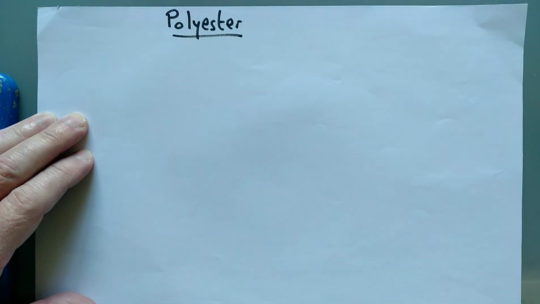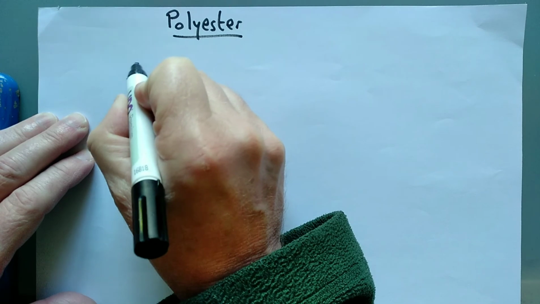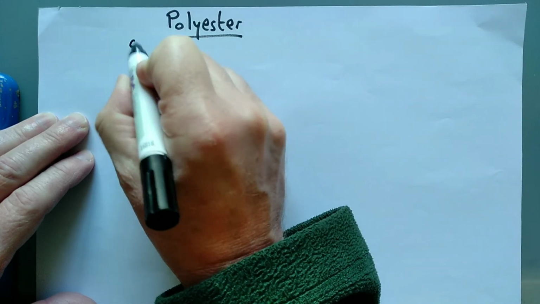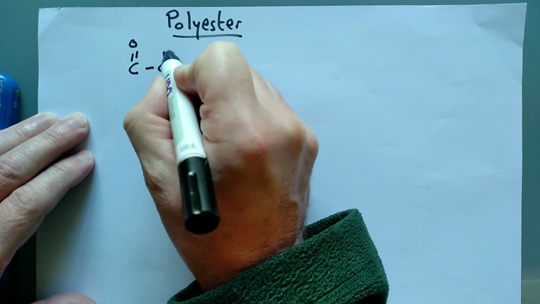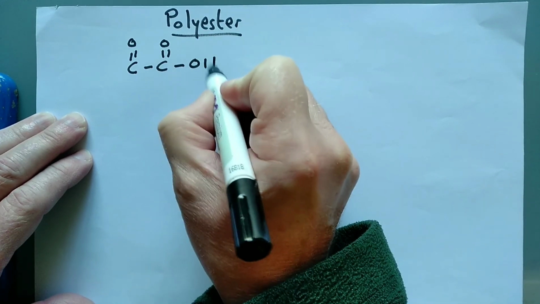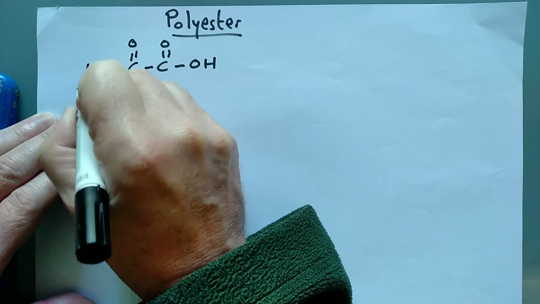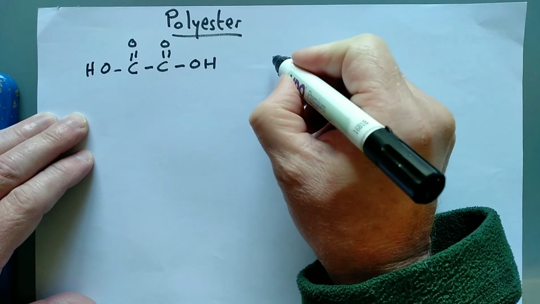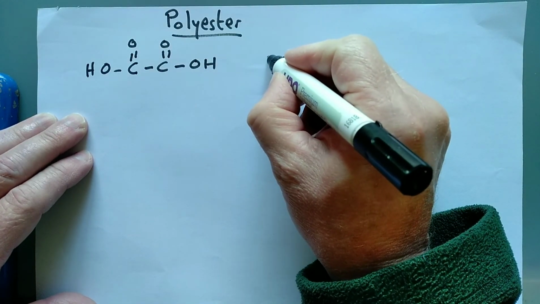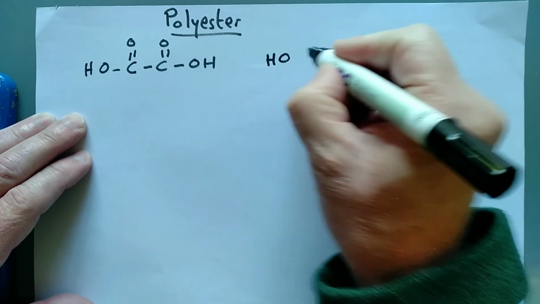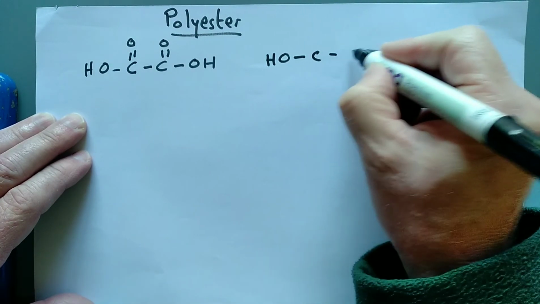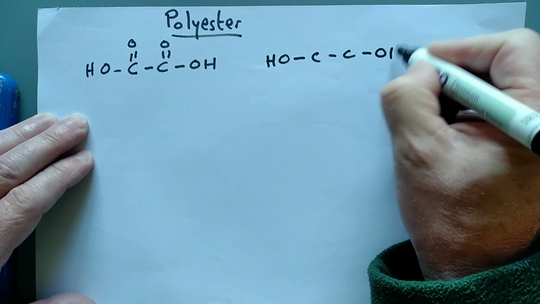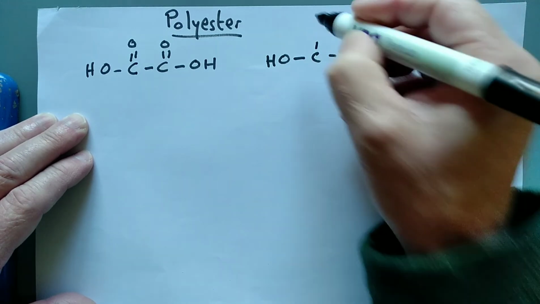Now, a polyester, you still have your dicarboxylic acid, and I'll keep it simple again. But this time, instead of reacting with an amine, it reacts with a diol, something with 2 alcohol groups on it.